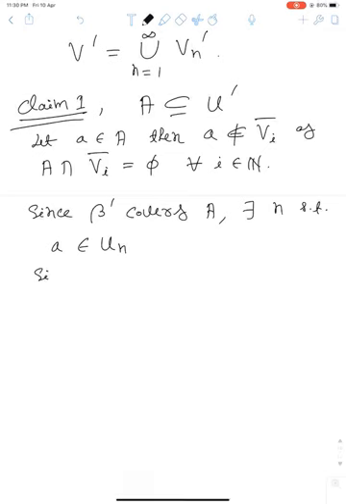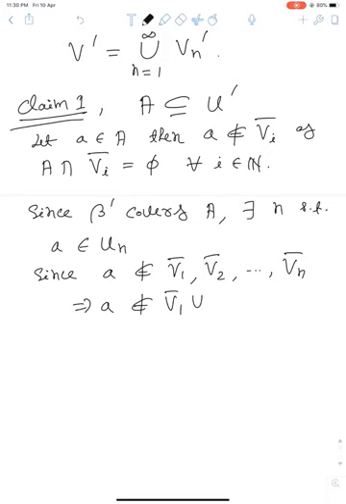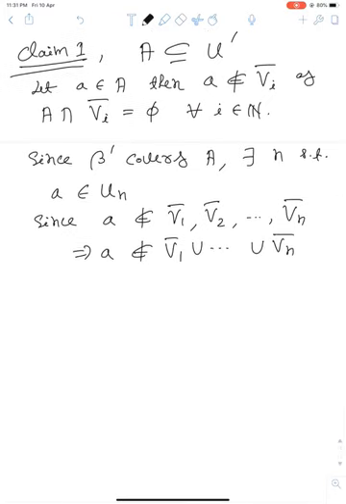Now since a does not belong to v1 closure, v2 closure up to vn closure, that will imply a does not belong to their union as well, right?